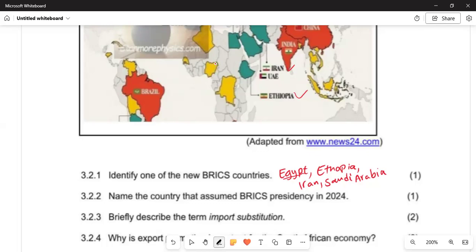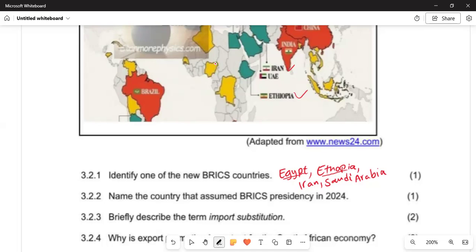It controls the Suez Canal, a vital global trade route, so it strengthens Africa's representation in BRICS alongside South Africa. Also Ethiopia is now one of the new BRICS countries because it is one of the fast growing economies in Africa. So it expands BRICS presence in Africa by balancing global representation.